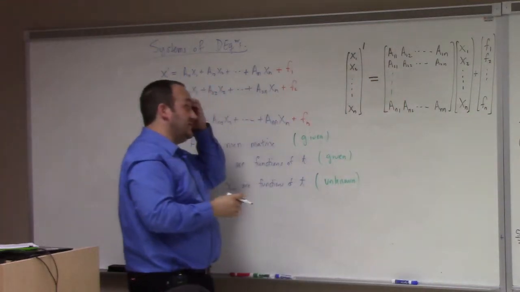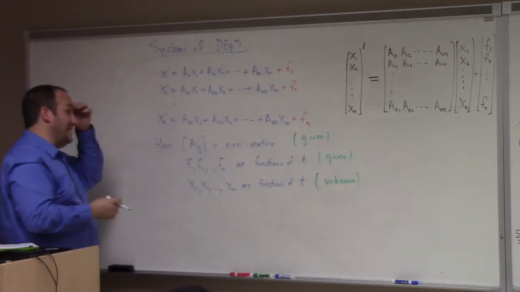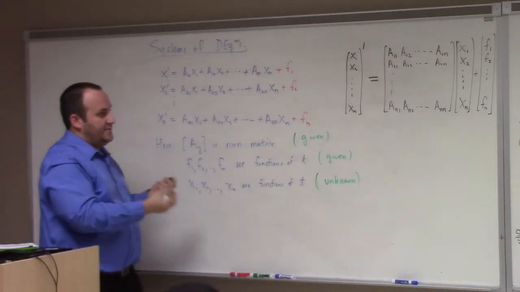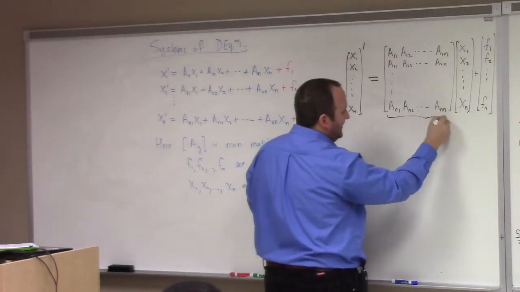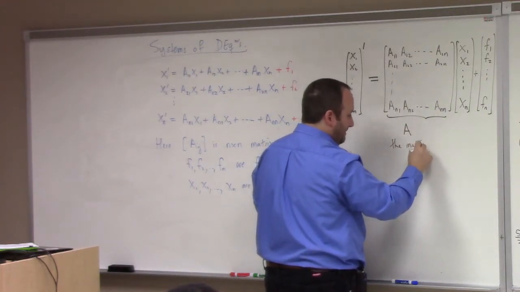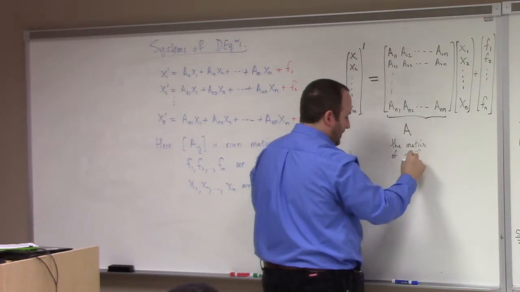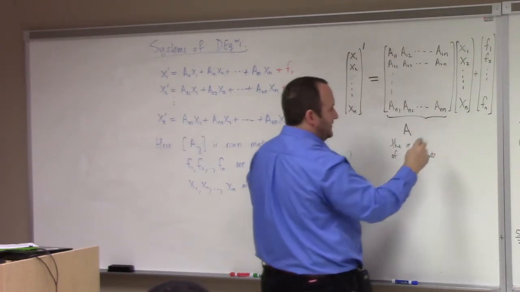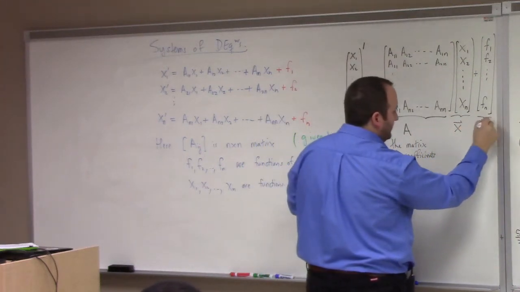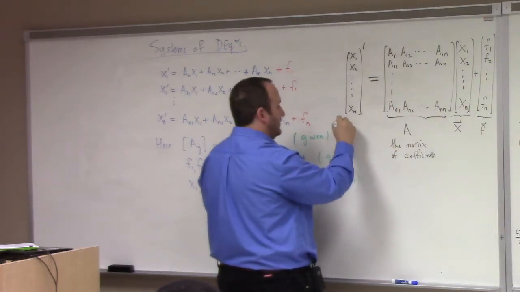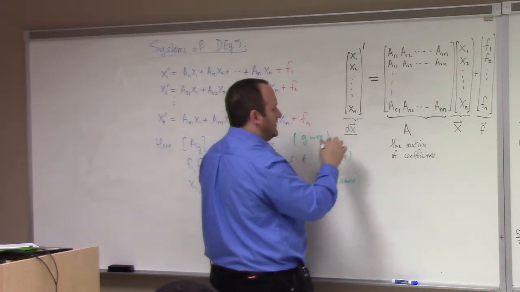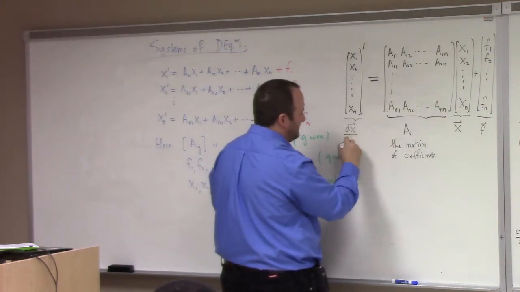So what I've just done is rewrite my system of n differential equations in n unknowns as a matrix-column product. And we have special names. We call this whole thing A, the matrix of coefficients. This we might just call x vector, and this over here we would call f vector. Over here we've got dx dt.